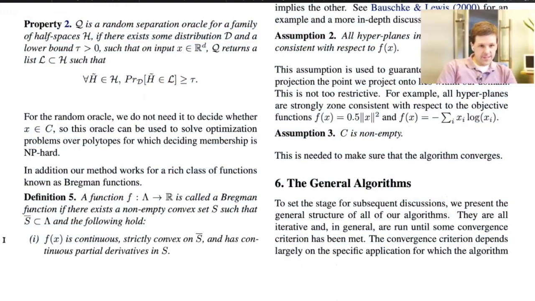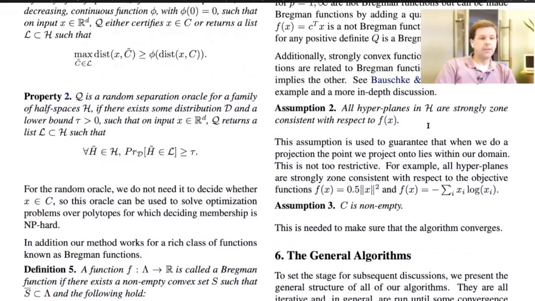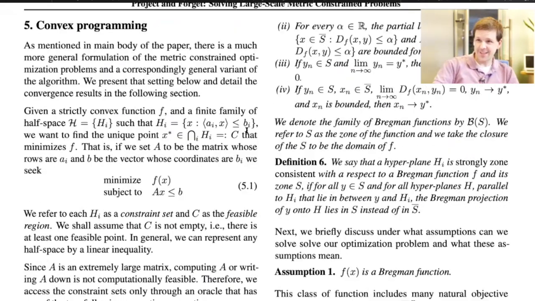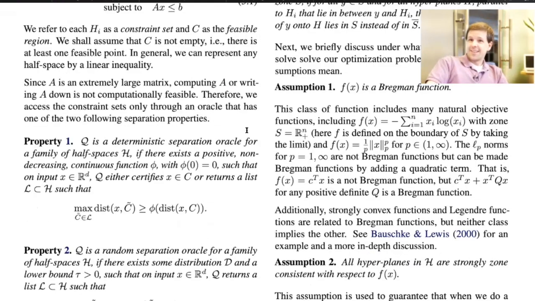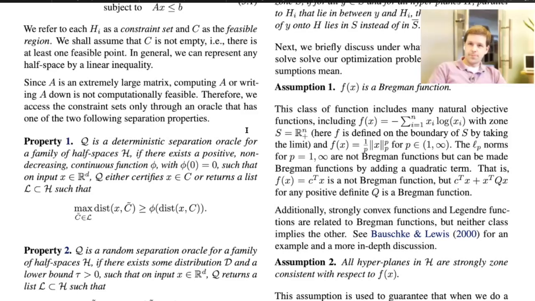Okay. And so, like I said, it's continuous, it's strictly convex, and its partial derivatives are continuous. Can you remind me of the difference between strictly and strongly convex? So strictly convex, if you look at the one-dimensional case, means the line joining any two points lies strictly above the function.